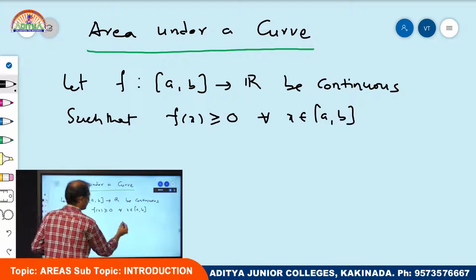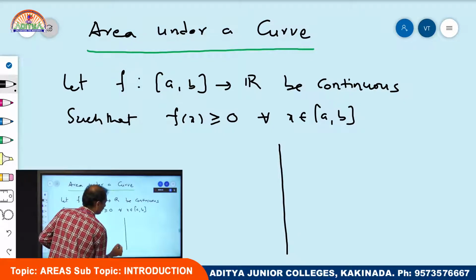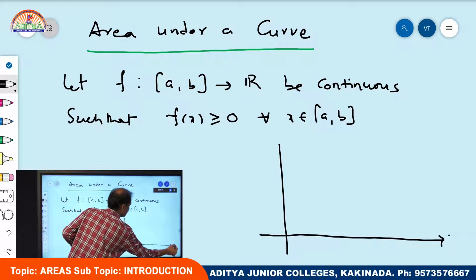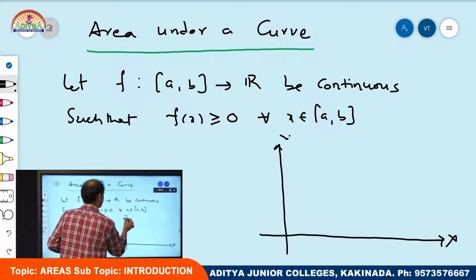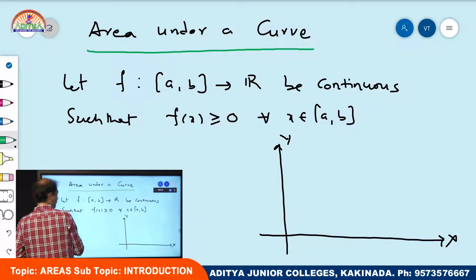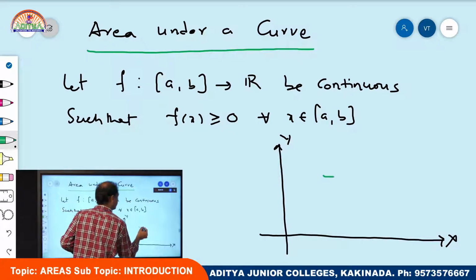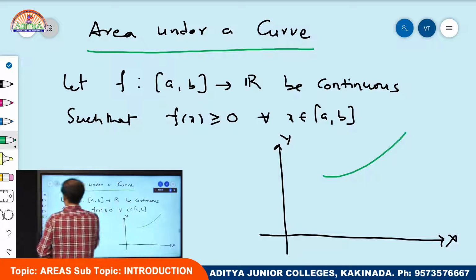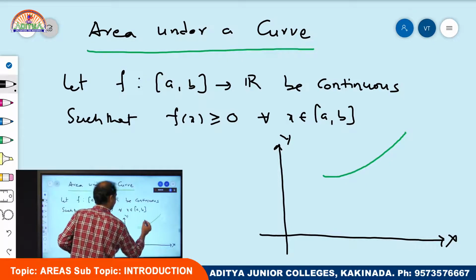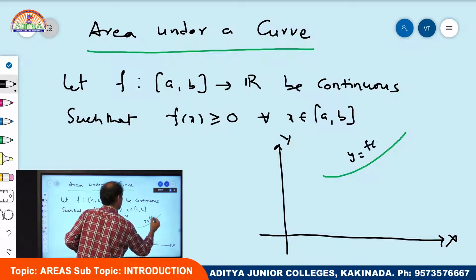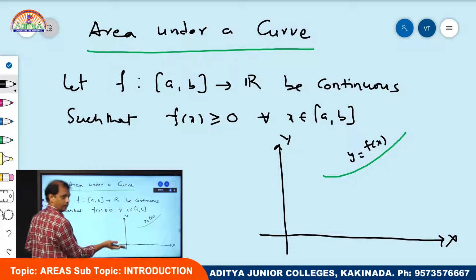That means the graph of y equal to f of x is above the x axis only. Now I am considering the graph of that. This is our y equal to f of x, which is always above the x axis, meaning it is always greater than or equal to 0.